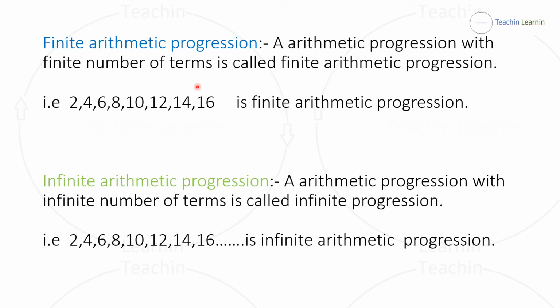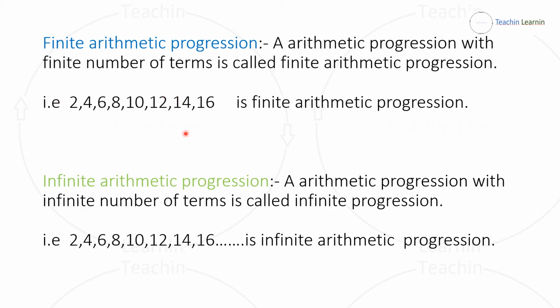Now, finite arithmetic progression. What is finite arithmetic progression? An arithmetic progression with a finite number of terms is called finite arithmetic progression. For example, 2, 4, 6, 8, 10, 12, 14, 16.